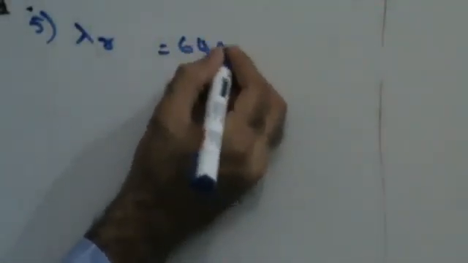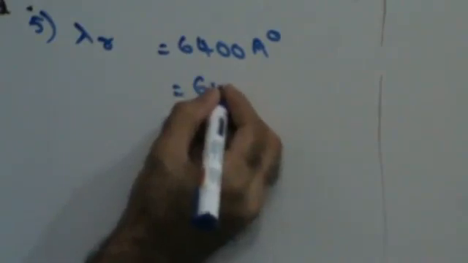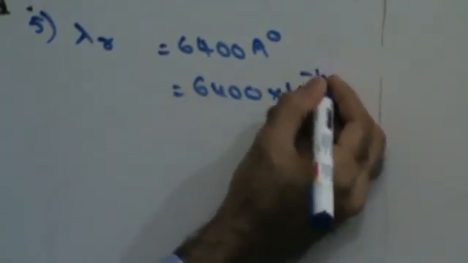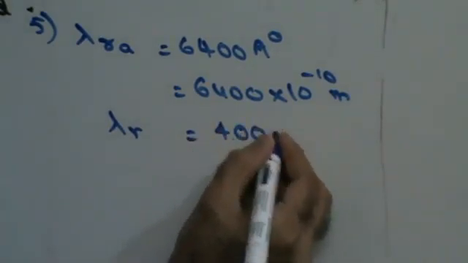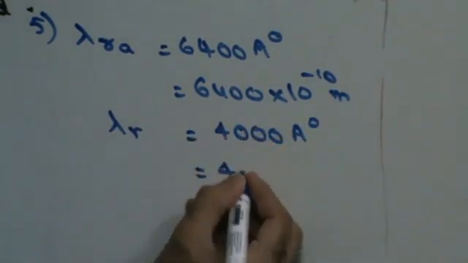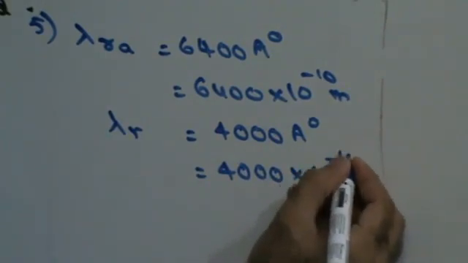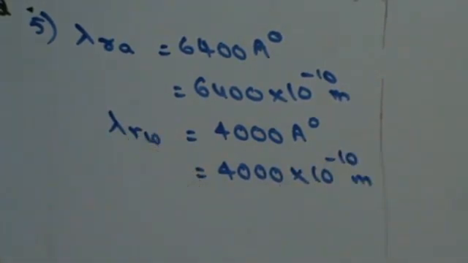A red light of wavelength 6,400 Armstrong units in air has a wavelength of 4,000 Armstrong units in glass.